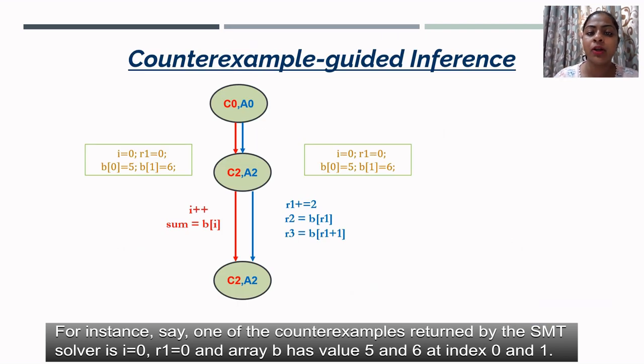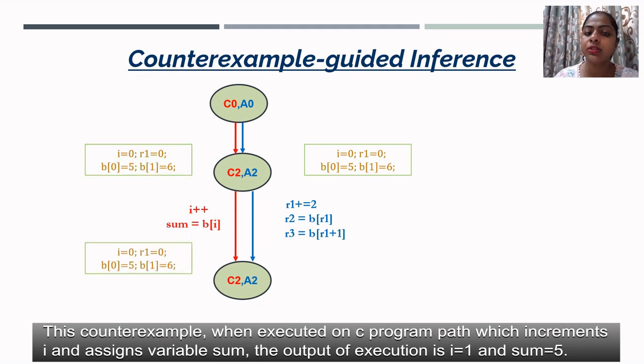For instance, say one of the counterexamples returned by the SMT solver is I equals 0, R1 equals 0, and array B has values 5 and 6 at index 0 and 1. This counterexample, when executed on the C program path which increments I and assigns variable sum, the output of execution is I equals 1 and sum equals 5.